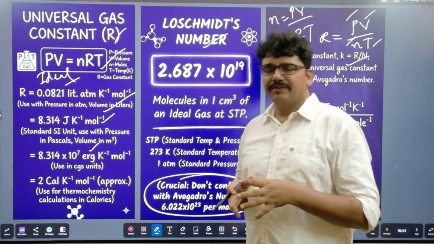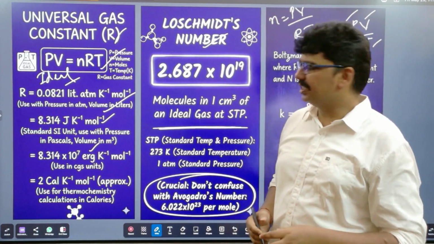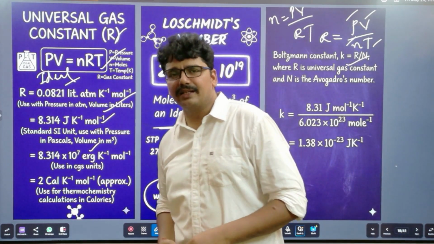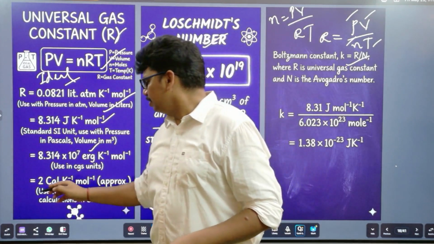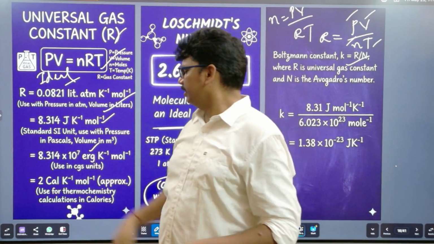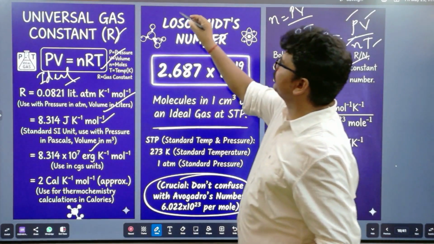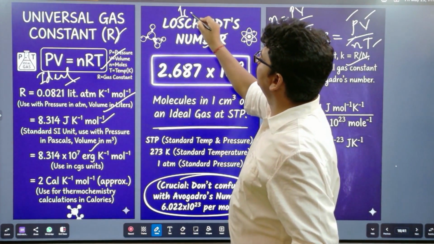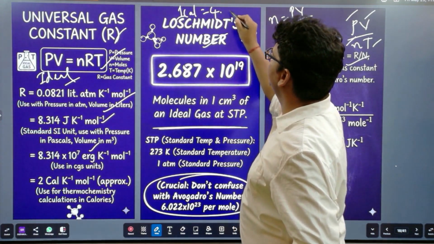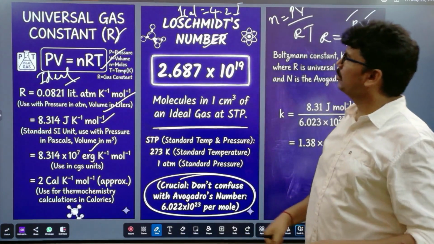Next, in terms of calories. In energy related problems, we use the common unit calories also. So in calories, 2 calories per Kelvin mole. We can convert joules into calories. 1 calorie is approximately equal to 4.2 joules, or 4.18 joules.